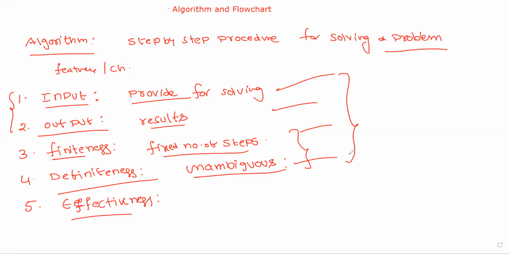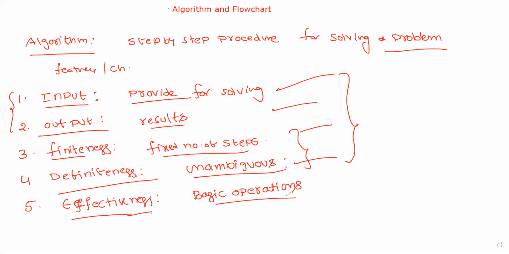For example, if the output is not satisfactory to you and the building is constructed, but after construction it does not satisfy your goal, then even though we are getting the output, it is a waste. Here, effectiveness in the sense, each and every step of the algorithm should use some simple basic operations.